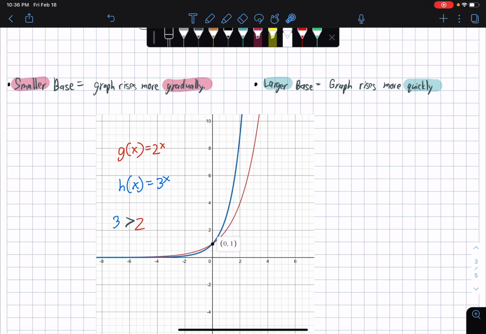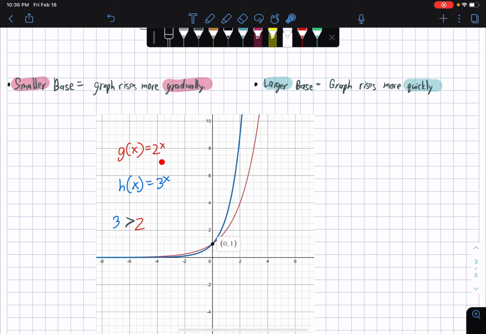The equation with the larger base will have its graph rise more quickly, since the base is greater than the base of g of x. I hope you can see a visual, something that's pretty obvious already.